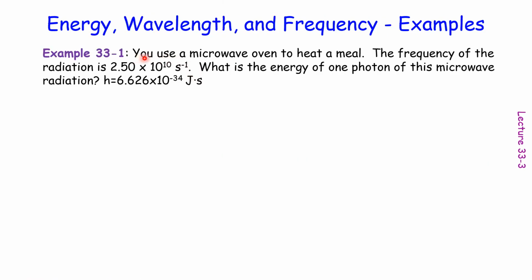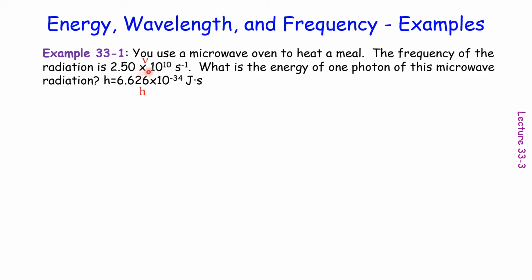We now work on example number 1 in this lecture. This is the frequency of a microwave. So let's label that first, frequency. And we need to find out the energy of one photon of this microwave radiation. This h is Planck's constant.